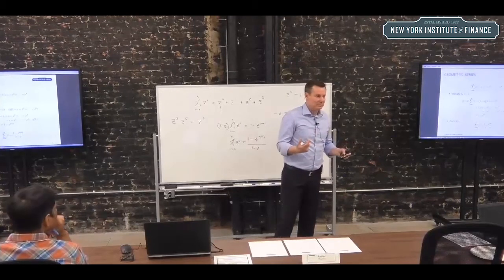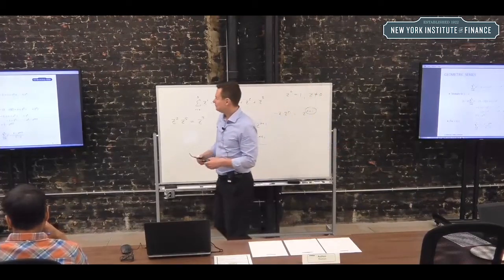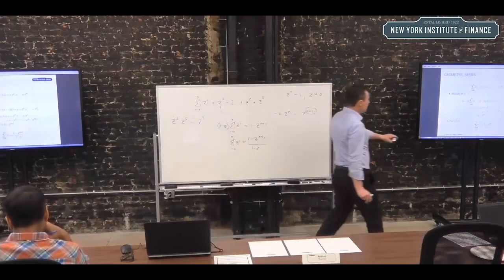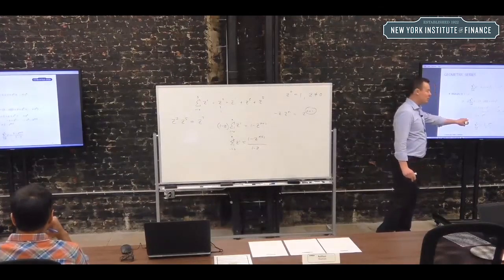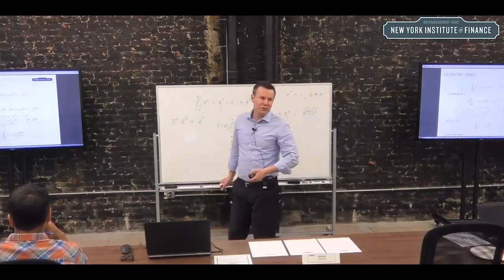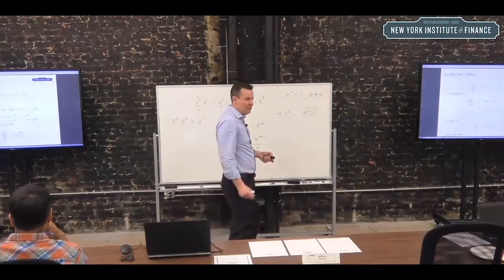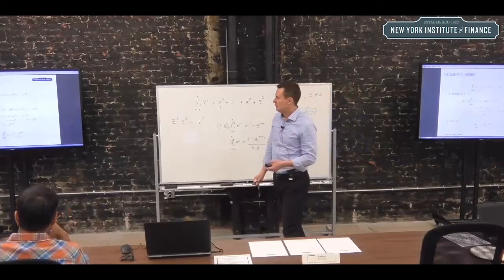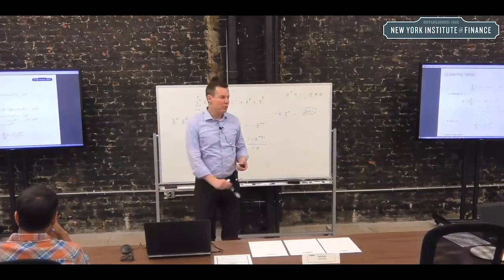It's undefined. So just remember that you can do everything up to here, but if z is 1, you can't do this last piece. And it turns out that for our purposes, z will never be 1. So we are going to employ this trick all the time.